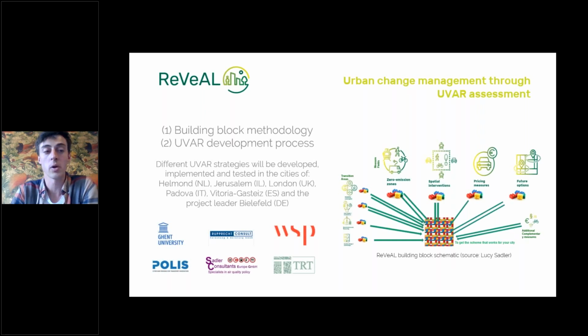Well, we apply more than two methodologies, but two that I will try to present to you today, in order to eventually support urban change management by assessing urban vehicle access regulations, and also by exploring and developing a standard range of urban mobility transition approaches for cities. And we do this in ReVeAL for 6 pilot cities: Helmond, Jerusalem, London, Padua, Vitoria-Gasteiz, and Bielefeld, and two of them will be presented later on.